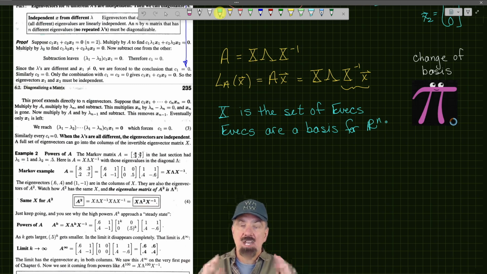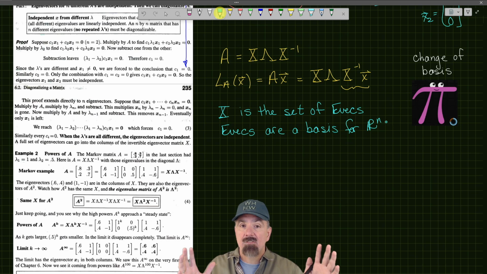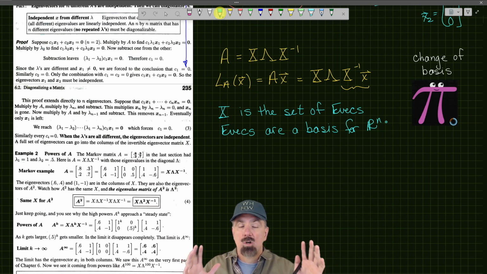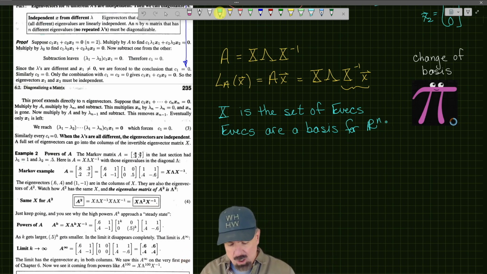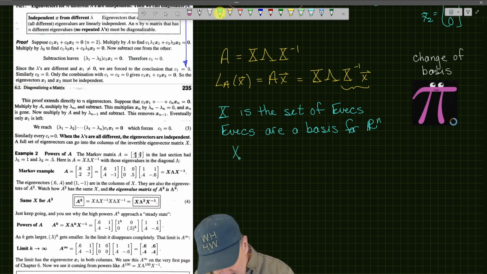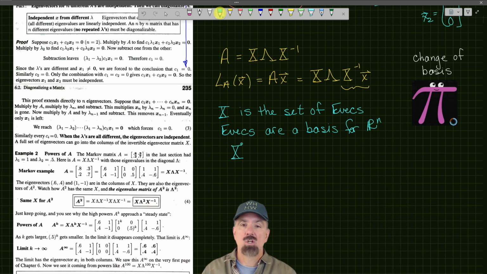We want to change from our typical basis, which is always the standard basis, i, j, k or e1, e2, e3, however many dimensions we have in our vector space. We're looking for a change of basis. So X contains the eigenvectors, which are the new basis vectors written in the standard basis.